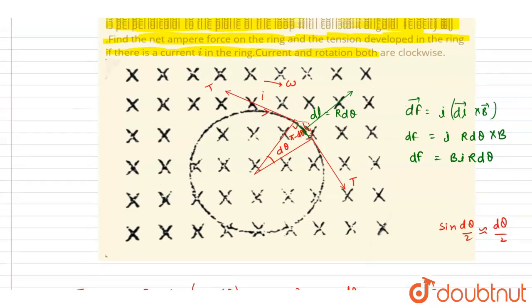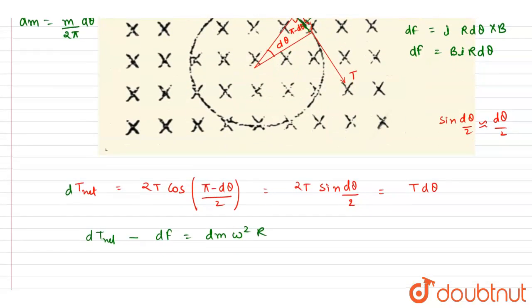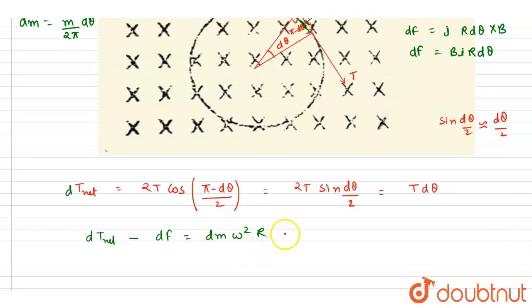Here we have to write dm by the unitary method. The total length is 2 pi r, so the 2 pi angle has mass m. So d theta angle will have mass m by 2 pi into d theta. So you can just put the value m upon 2 pi into d theta.